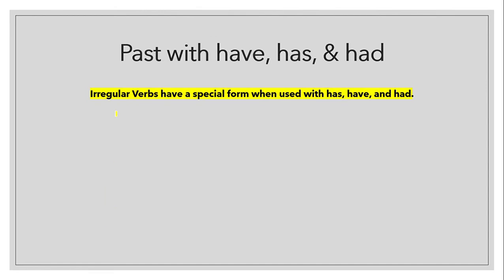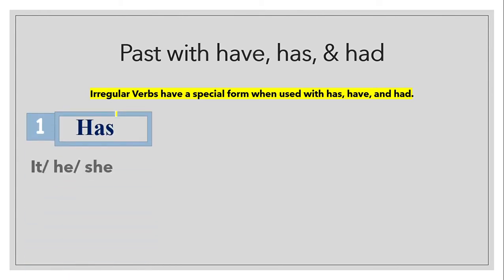Irregular verbs have a special form when used with has, have, and had again. Now, when do we use has in the sentence? When there is it, he, or she, singular. Again, this part of the explanation is not important.